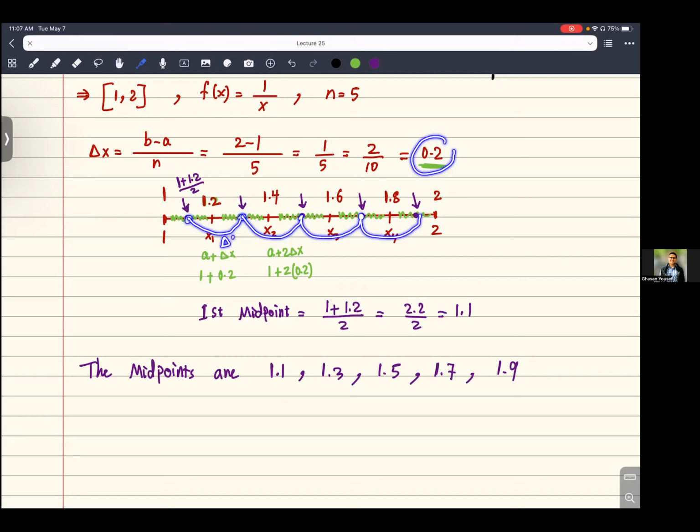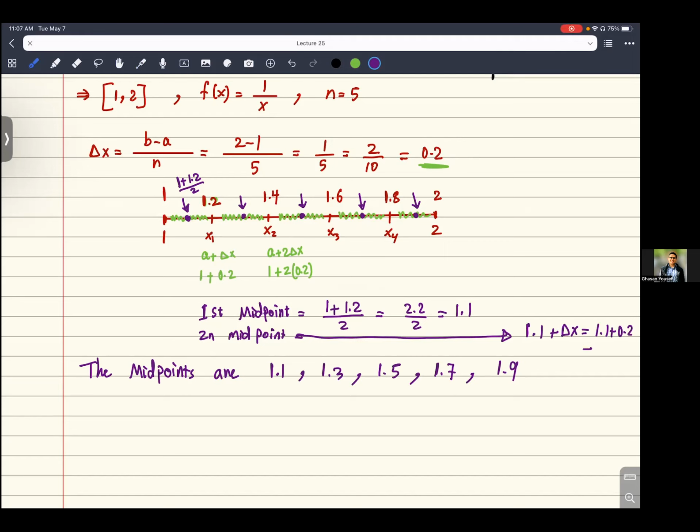So by adding delta x each time, you find all the midpoints. So the second midpoint is the same as 1.1 plus delta x, which is 1.1 plus 0.2, and this is the same as 1.3. And so on, the third, fourth, fifth.